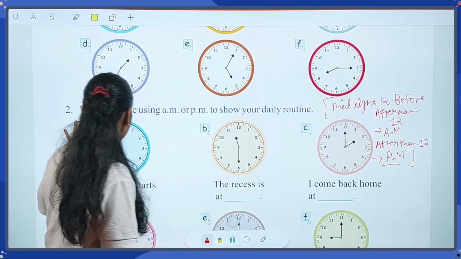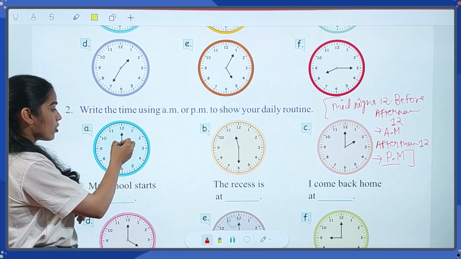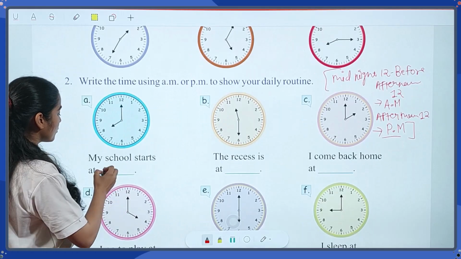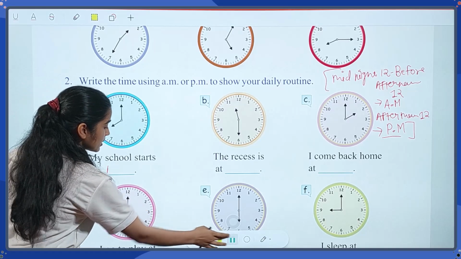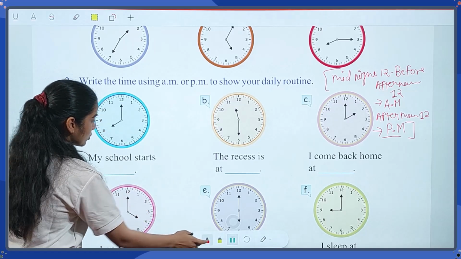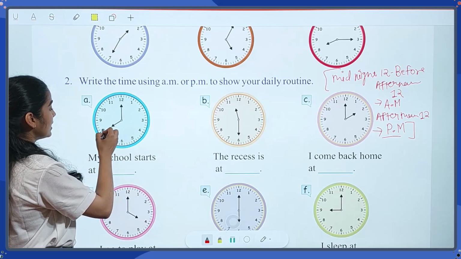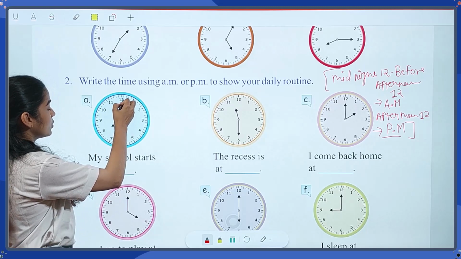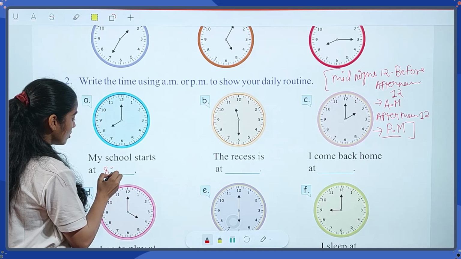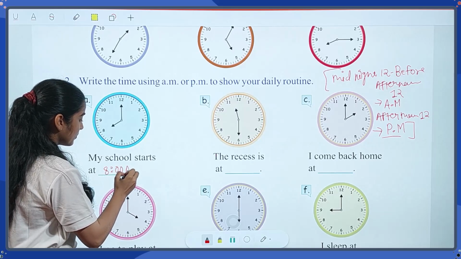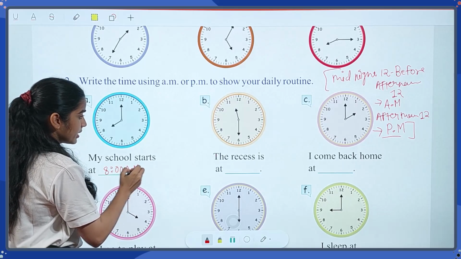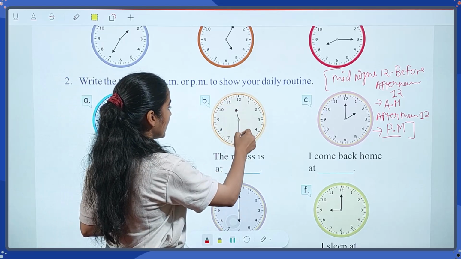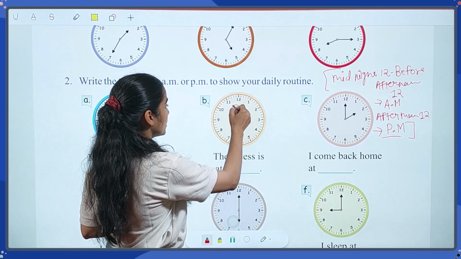So this is your timing before the afternoon. How do you have to represent this? You have to represent this in AM. So this is 8, because your hour hand is at 8 and minute hand is at 12. So 8 o'clock AM. Next we have 11 and 6. The hour hand is between 11 and 12.